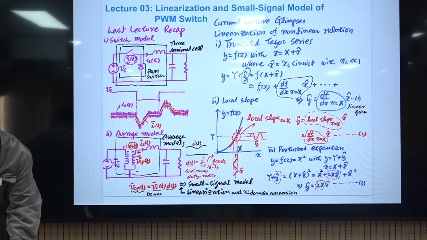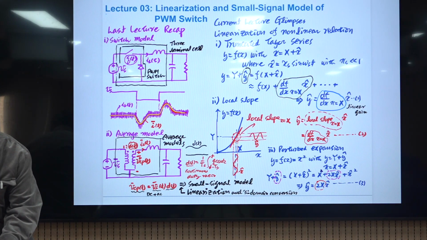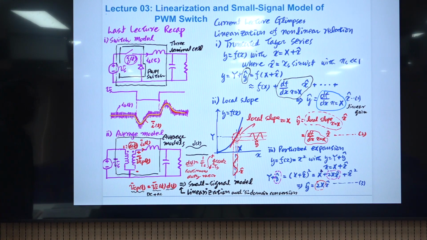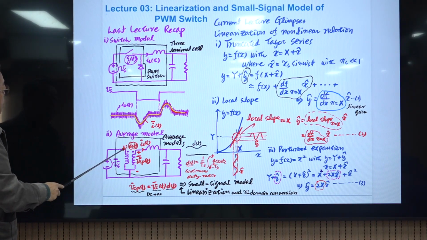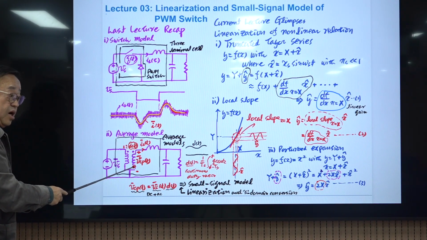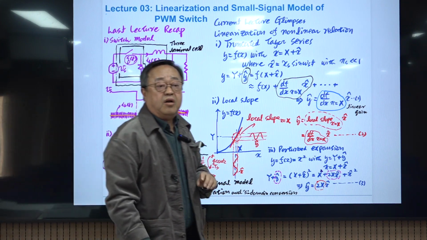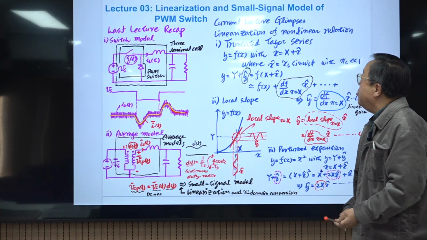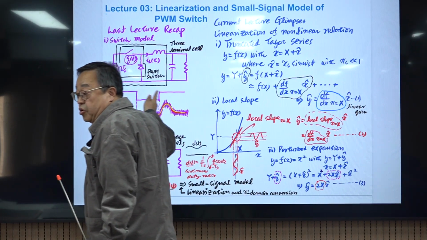And in lecture number 3, we'll first discuss the details about the switch model and the average model of this, and we will see the final form of the small signal model, which will be developed in this lecture and the next one coming after this.